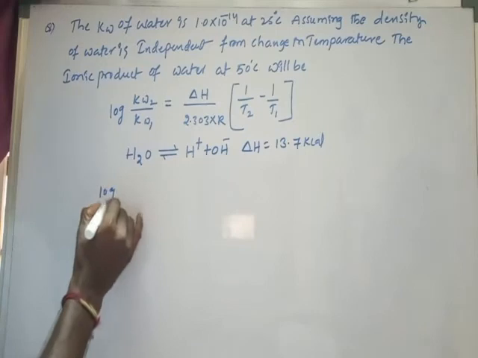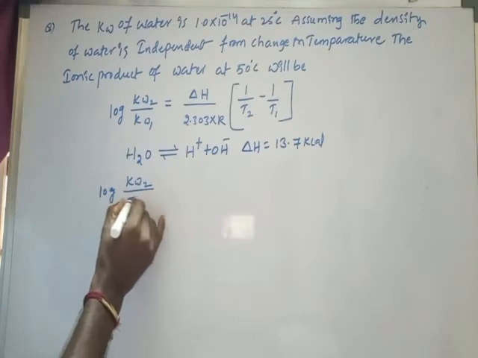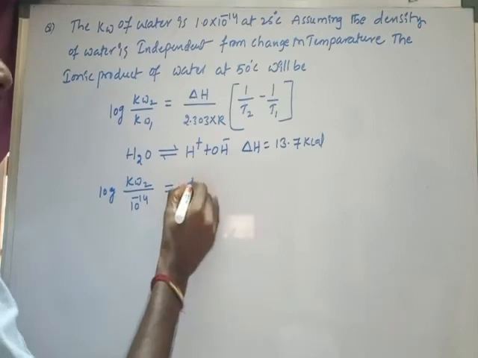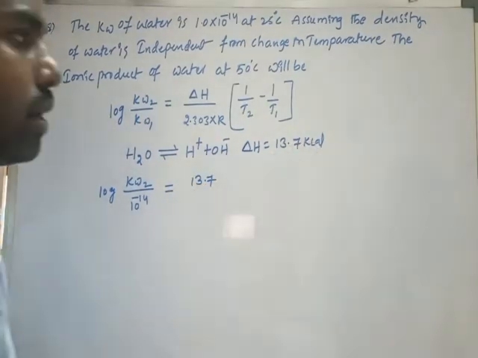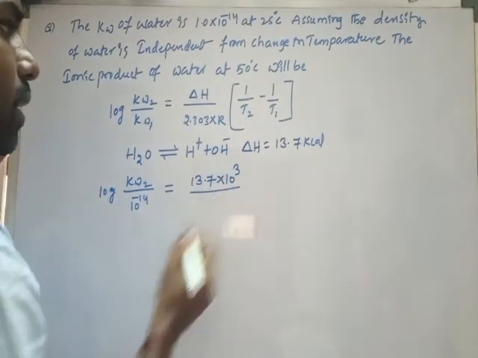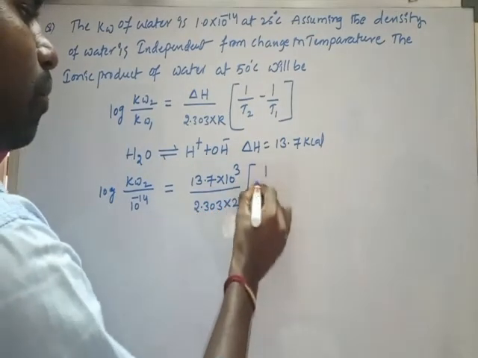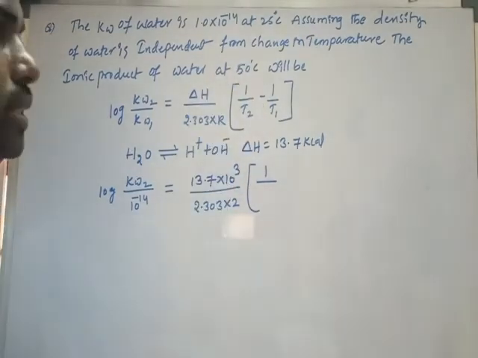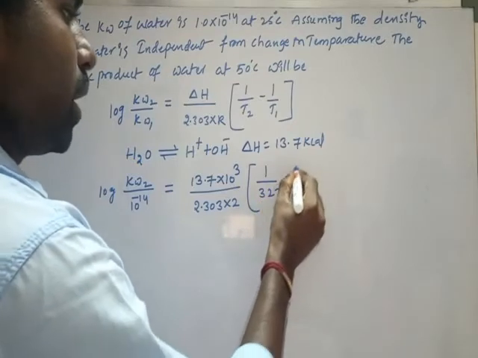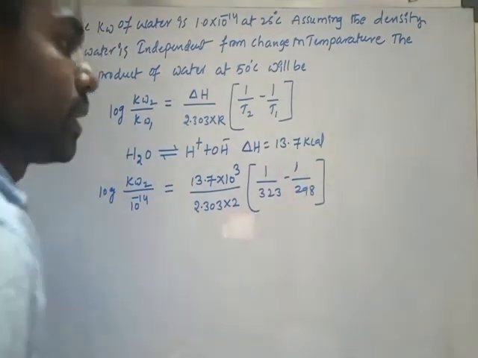So log Kw2 by Kw1 equal to how much? I am going to take Kw1 as 10 to the power of minus 14. It is equal to 13.7, I am taking in calories, into 10 to the power of 3 by 2.303 into 2 into (1 by T2), where 50 degrees Celsius you can convert into Kelvin, which is 323, minus 298.